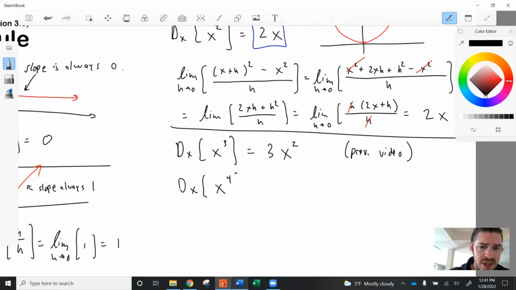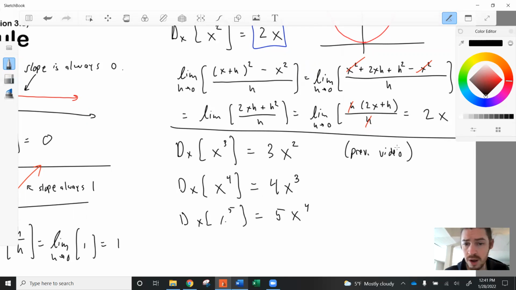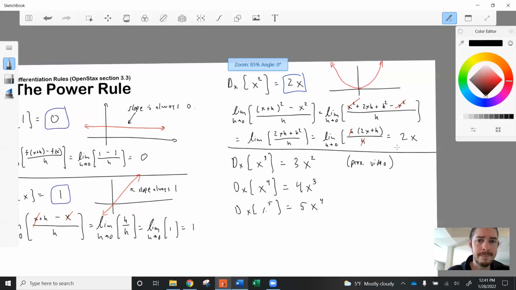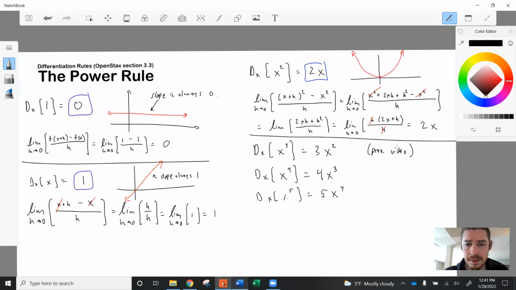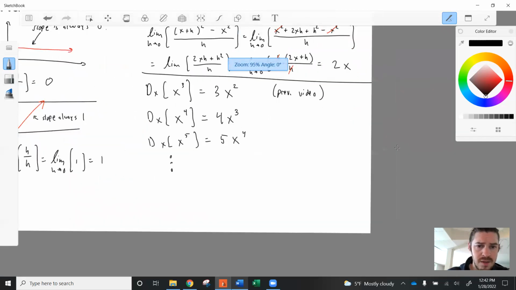If you do the same approach with the derivative of x to the power 4, you get 4x cubed. The derivative of x to the power 5 is 5 times x to the power 4, and so on. So are you seeing the pattern? The pattern can be described like this. I'm going to put a dot, dot, dot. Down here, I'm going to write the power rule.